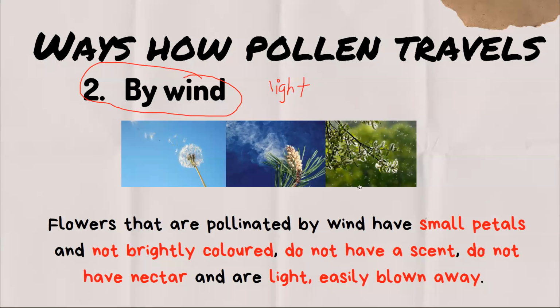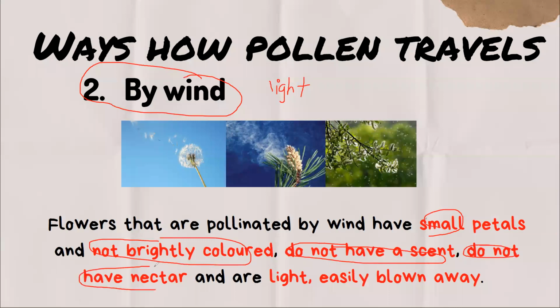No. Flowers that are pollinated by wind have small petals, are not brightly colored, do not have scent, do not have nectar, and are light so that they are easily blown away. Class, think about it. This is all the opposite of pollination by animals.